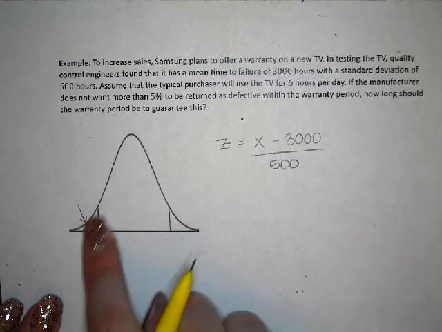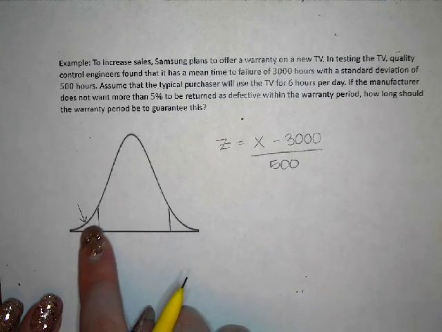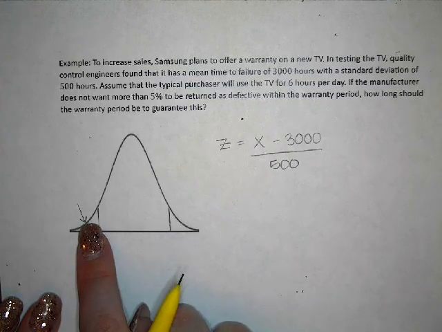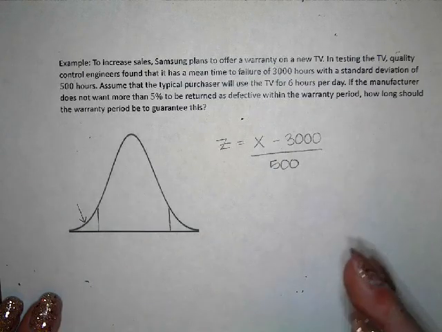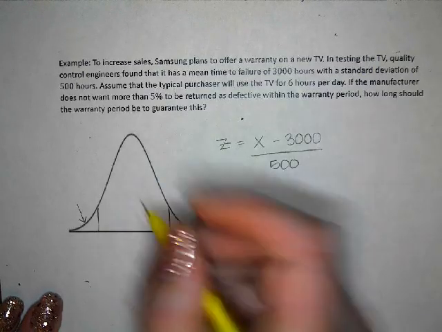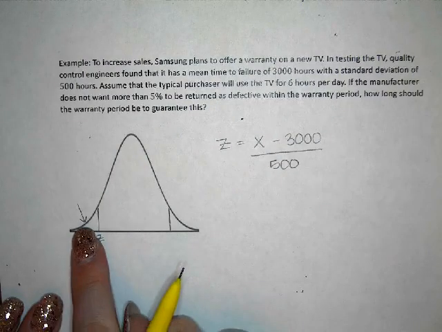And we know that any that fail after that bottom 5% are fine. They'll be without that warranty period. They'll be past the warranty window. So we need to figure out what this z-score is that separates the bottom 5% from the top 95%. That's what we're going to be calculating.